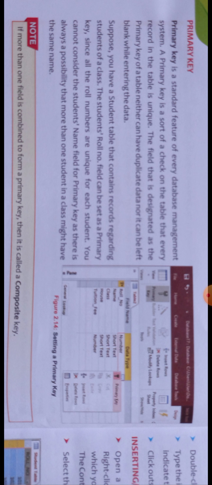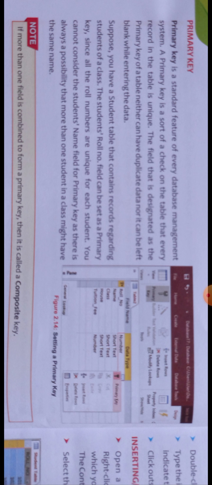While we can't consider the student's name field for primary key because there is a chance that more than one student in a class might have the same name. So we can't set the student's name field as primary key.